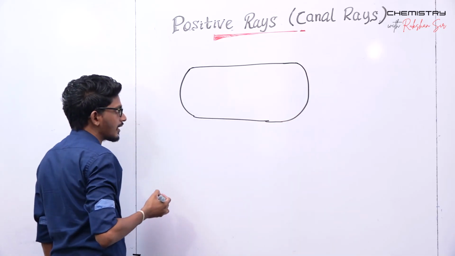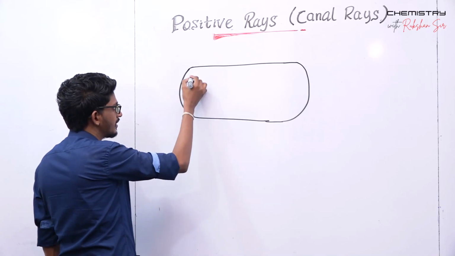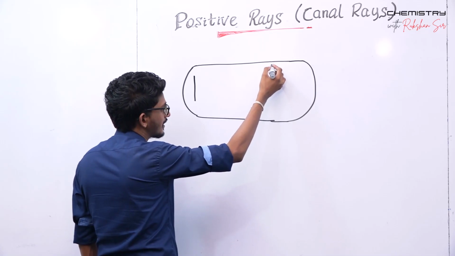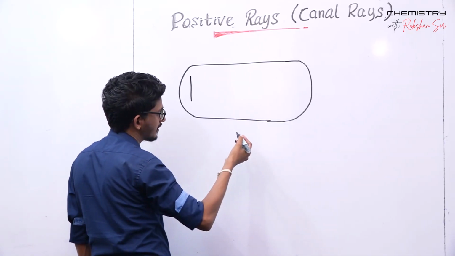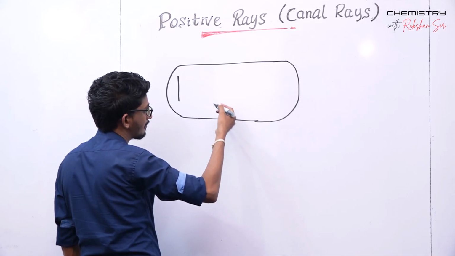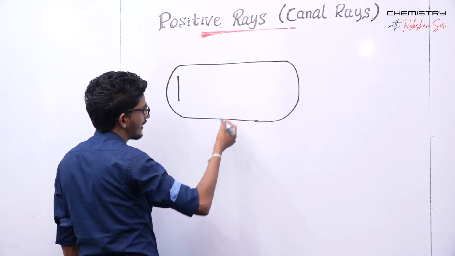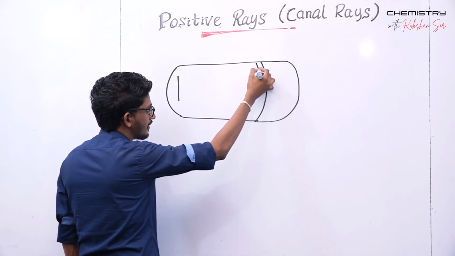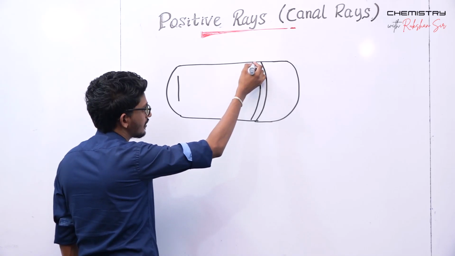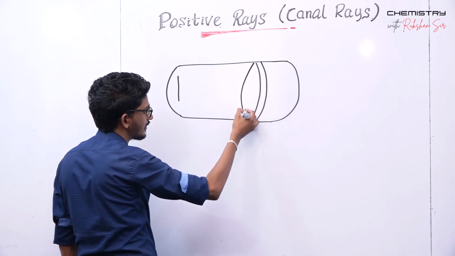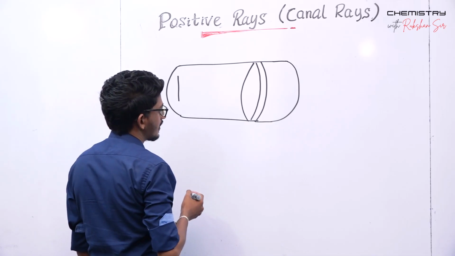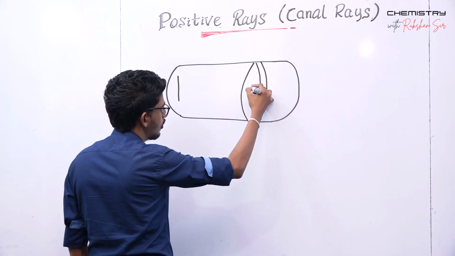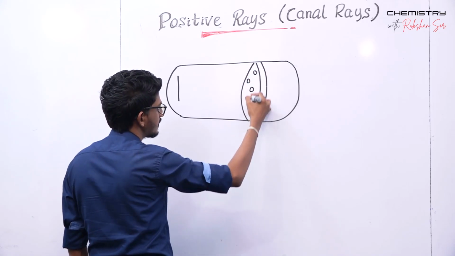What was the difference? Instead of the normal cathode, he used a cathode with some holes, some canals, in it. So he came up with a tube like this, with holes in the cathode.